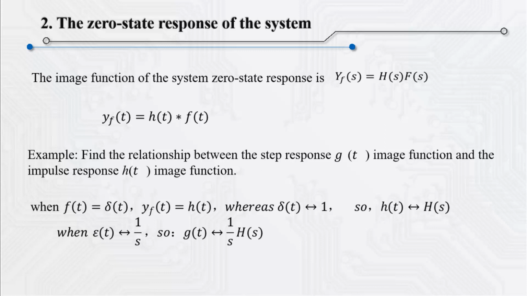The step response is defined as the zero-state response when f(t) equals epsilon(t). The corresponding image function of epsilon(t) is 1 over s. So the corresponding image function for the step response is H(s) over s. The relationship between the step response g(t) image function and the impulse response h(t) image function is a factor of 1 over s.